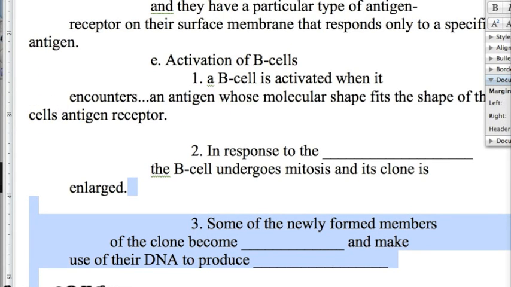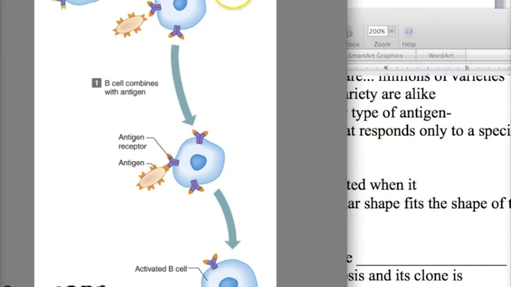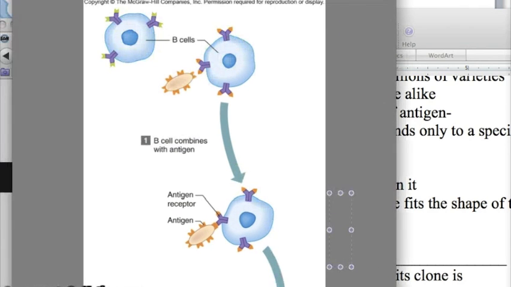So that looks a little something like this.